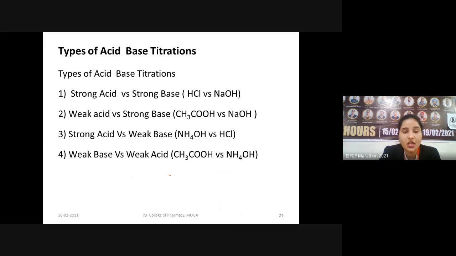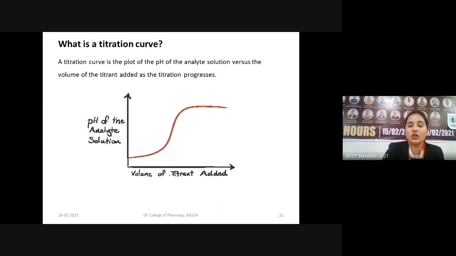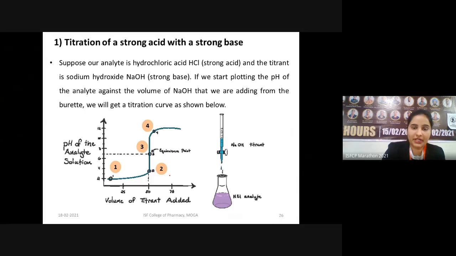So we have plotted one by one the different curves of all these titrations. The shape of the curve was the same in the first three cases, but there was a difference in the point of equivalence. The pH was different for the different titrations.